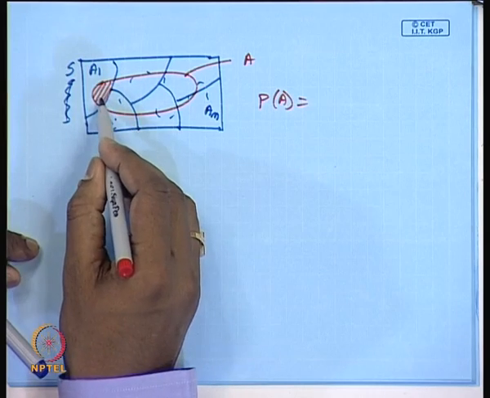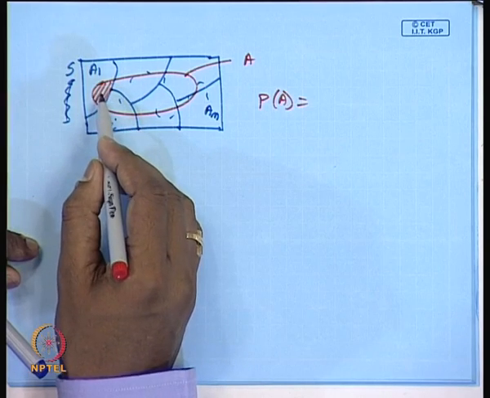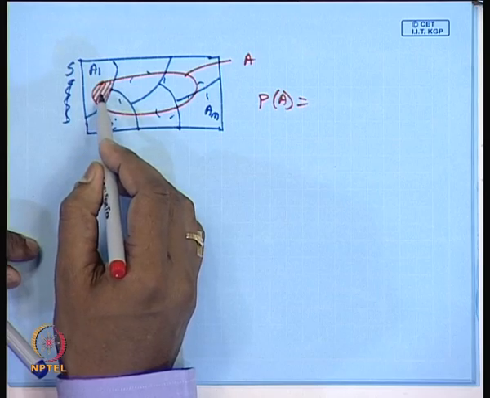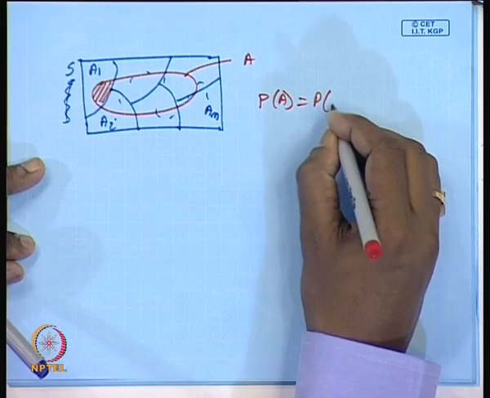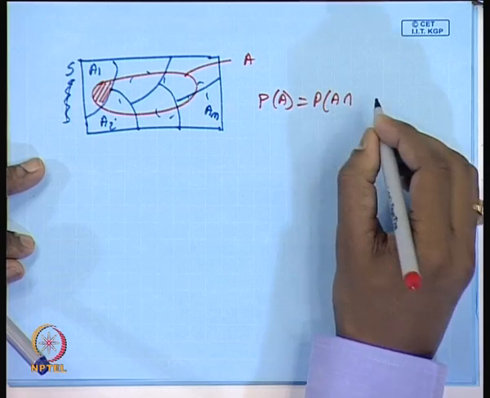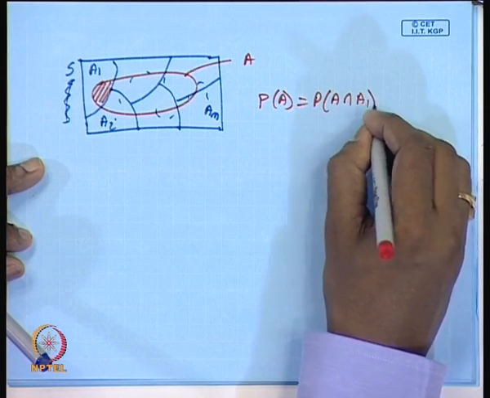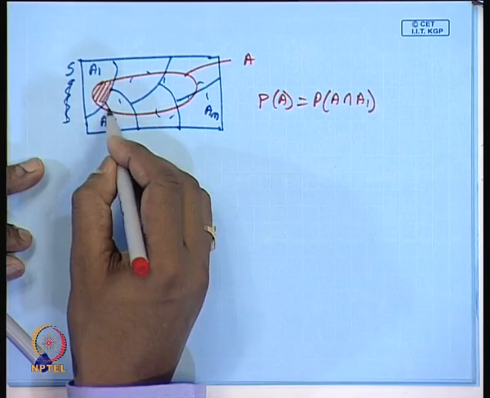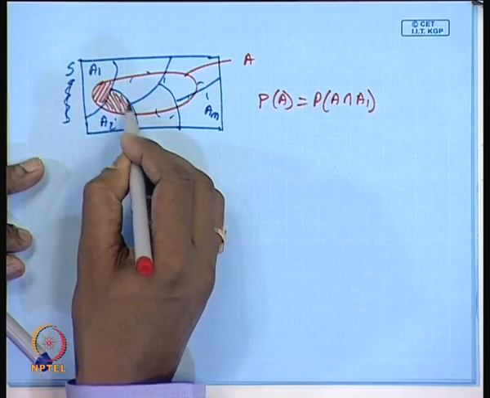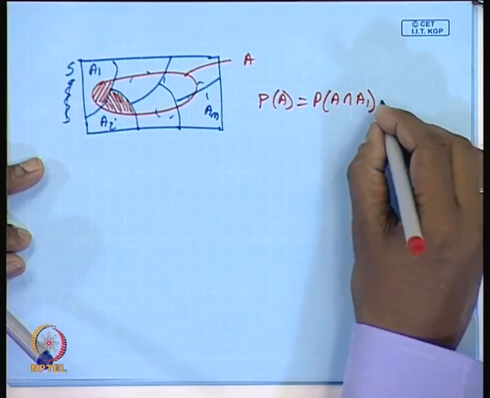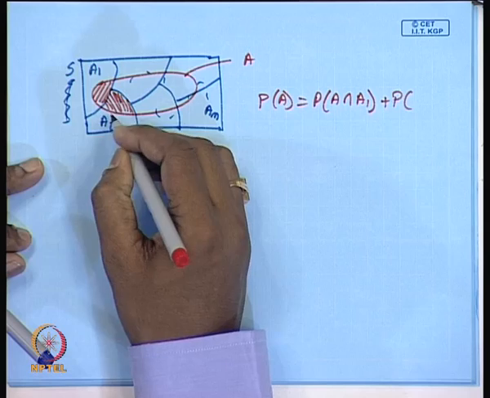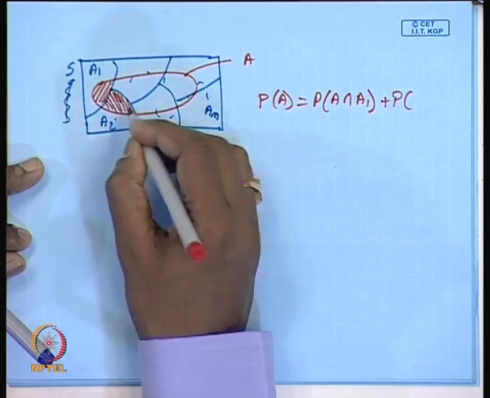What is this area? This area is nothing but the intersection between event A and event A1. So we write event A intersection event A1, plus I am writing this corresponding area in the Venn diagram, which is nothing but the probability of intersection of A2 and this event A.